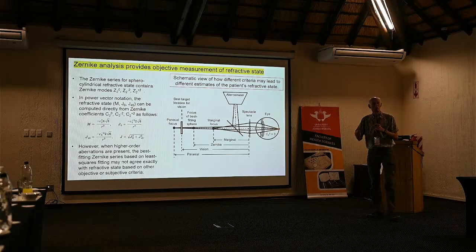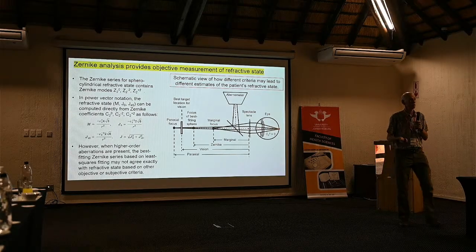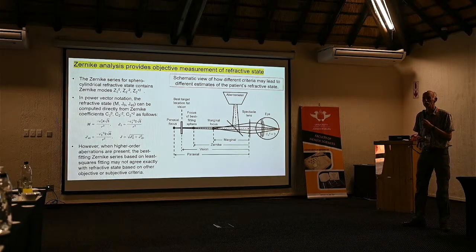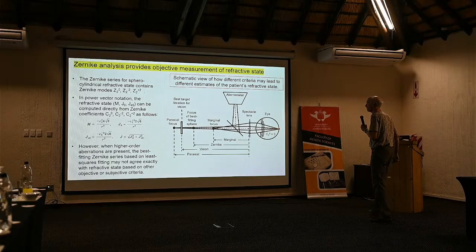Okay, and the last use of the Zernike coefficients that probably received the most attention in practical use has been, let's estimate refractive error. Not just spherical refractive error, but the full spherocylindrical refractive error.